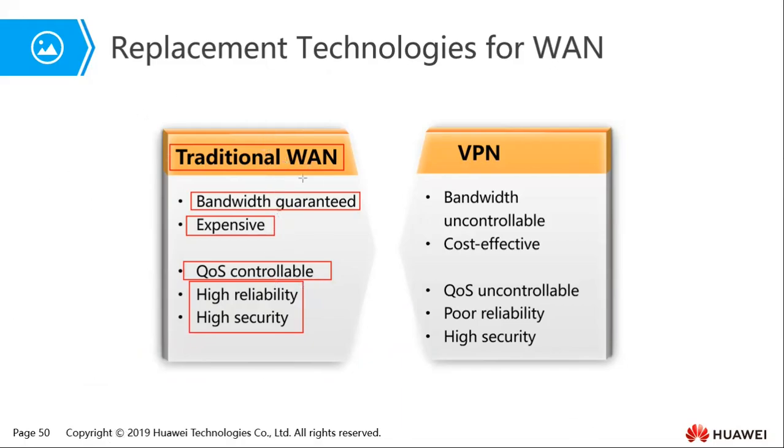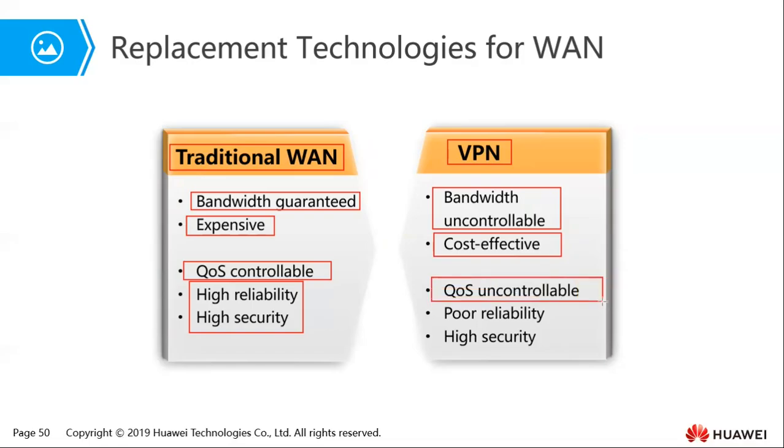But nowadays, to connect to the wide area network, we use the public network. We use a virtual private network. Now, with a virtual private network, you don't have a guaranteed bandwidth because it's shared, but it's very cost effective because you don't pay for any lines, or you only have to pay for the configuration of the VPN.